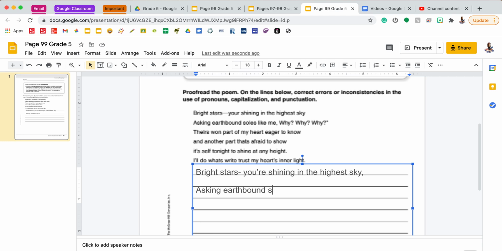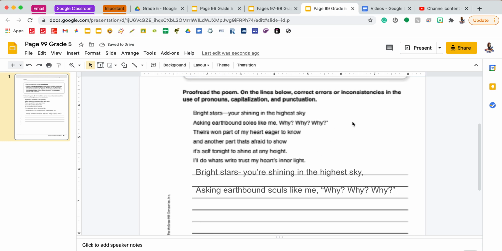The soles that they use is like a sole of your shoe or the bottom of your shoe. I need soul as in like a soul of a person. So I need S-O-U-L. You will finish going through this page on your own.